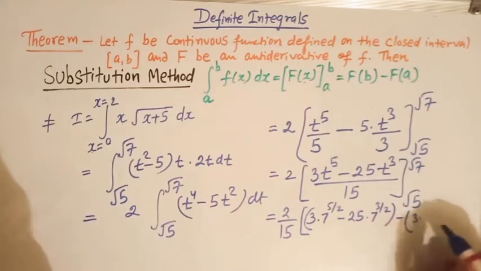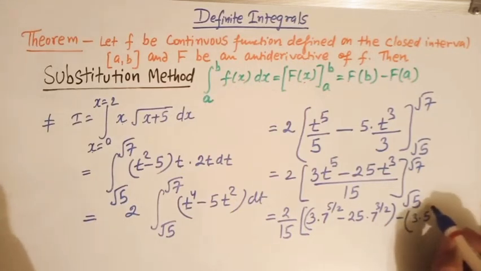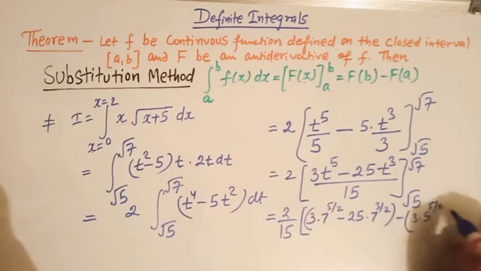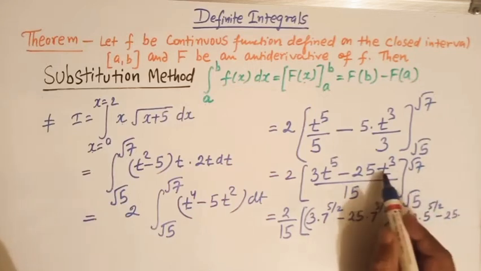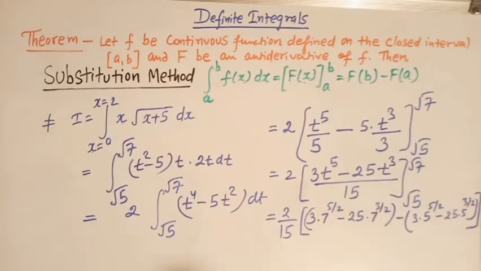So we have 3 times 5 raised to 5 by 2, and minus 25 times, here we'll substitute root 5, so we have 5 raised to 3 by 2, right?